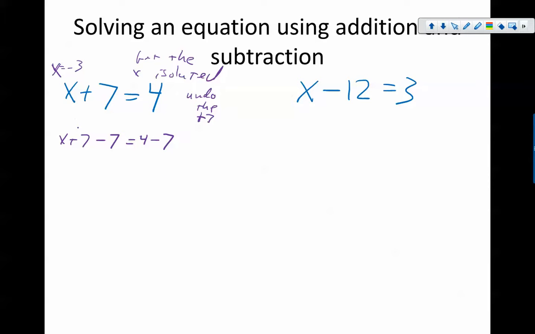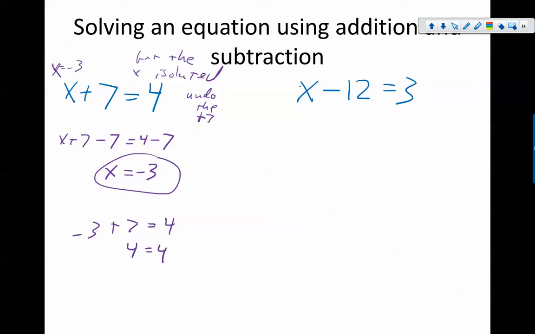Notice that I had a plus 7 here, so I subtracted 7. Then I did the same thing to the right-hand side. So 7 minus 7 makes 0, leaving the x the only thing on the left-hand side. And the 4 minus 7 then makes negative 3. So this number that we intuitively could figure out, by plugging into the equation, we can see is the correct solution. Again, we're learning a process here.